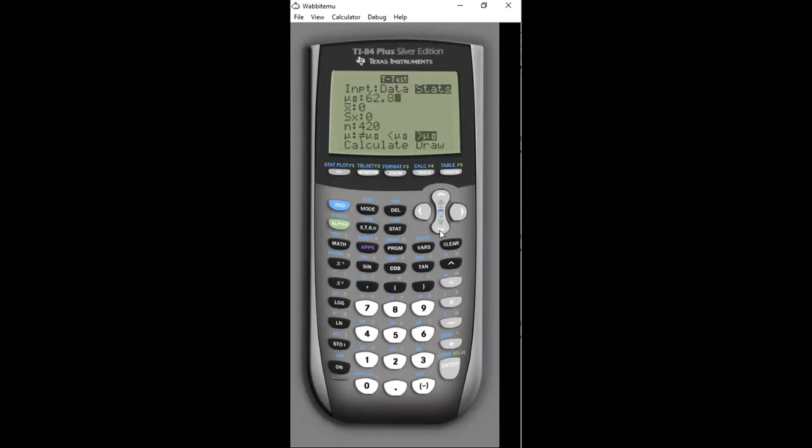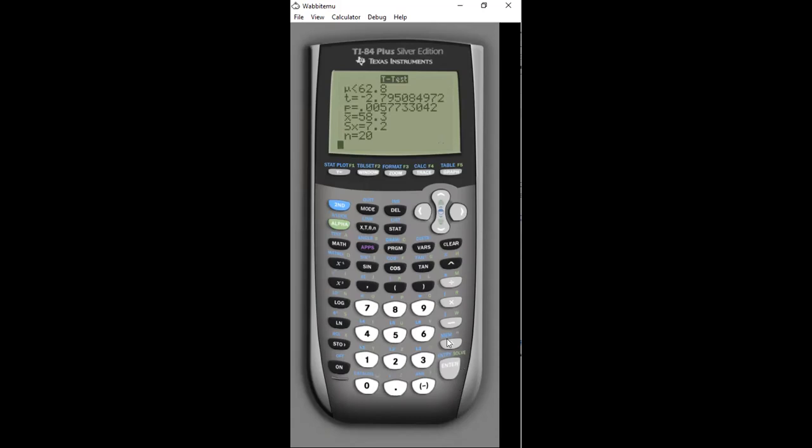And what is my average here? 58.3. What is the sample standard deviation here? 7.2. What is the sample size? 20. I'm looking for less than, so it's the middle one. So I highlight that one. Then I go down.